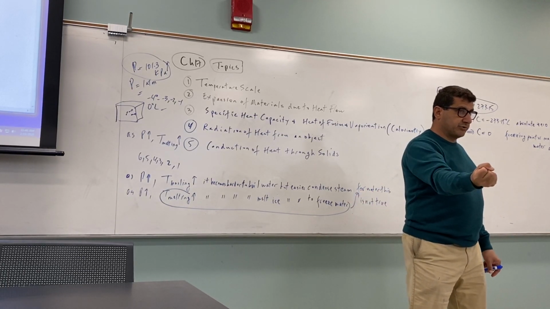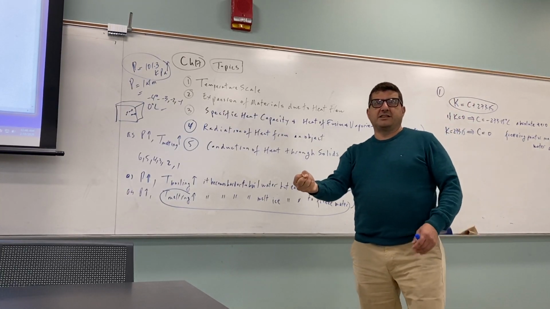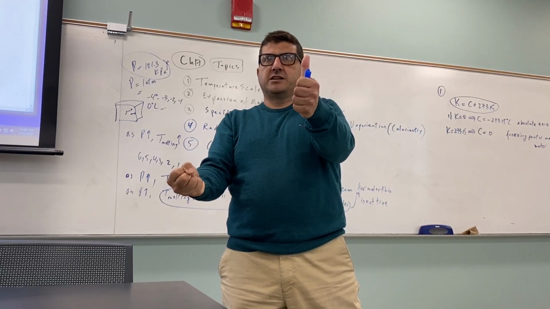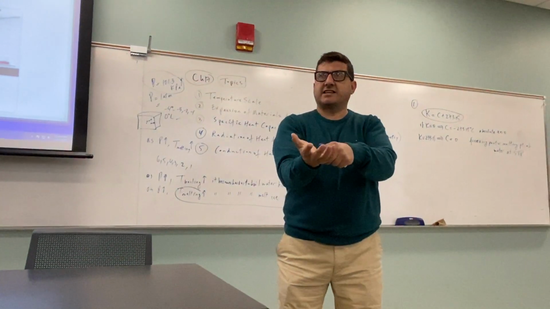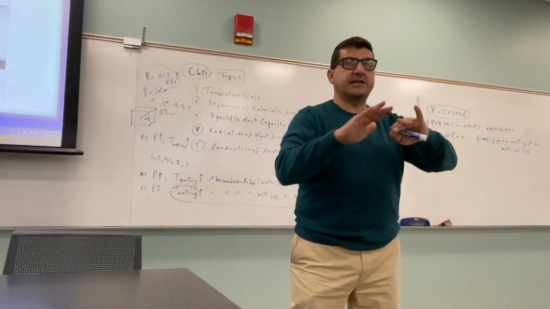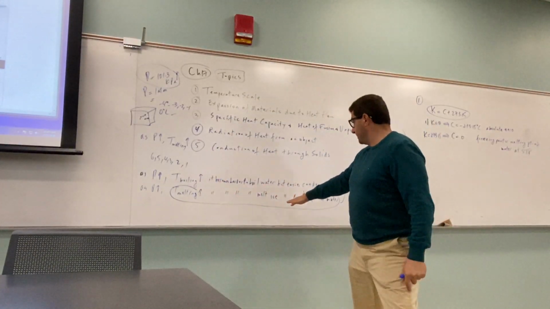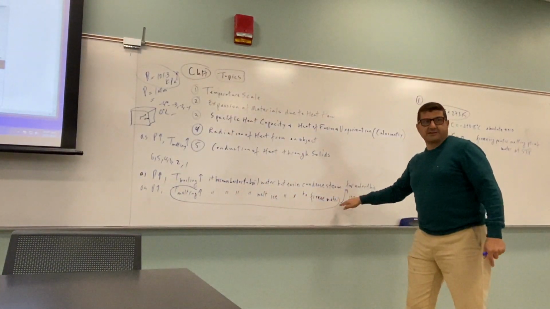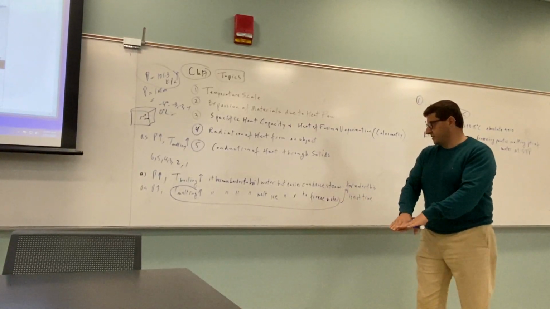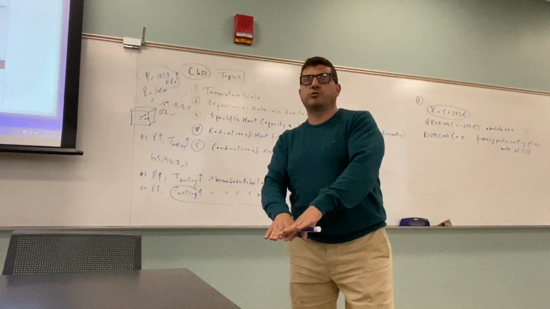But increasing the pressure, if it was true that increasing the pressure would increase the temperature of the ice, that might fight against the fact that heat is flowing from my hand to the ice, so the ice might not melt. It might kind of keep it in equilibrium. But because for water this is not true, increasing pressure lowers the melting point. When it lowers the melting point, what happens?